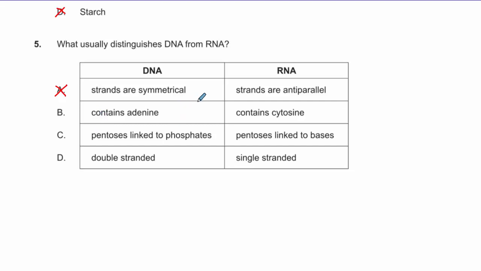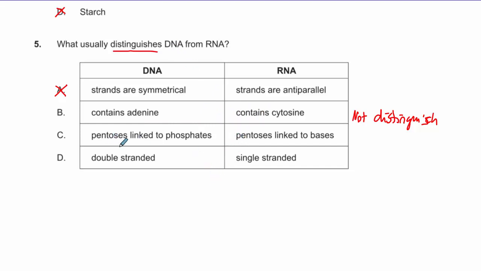Well, yes, but the existence of adenine in DNA and cytosine in RNA does not distinguish. So this is an example where what is claimed is actually not untrue, but it's still irrelevant compared to the question.